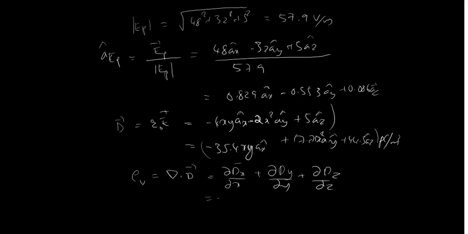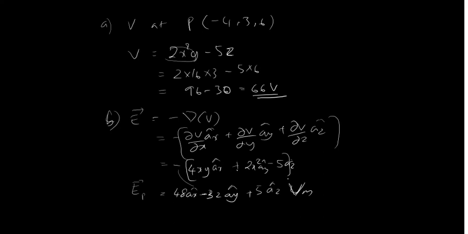So the value what you will get here with respect to x will be minus 35.4 y, right? Here it will be x square, with respect to y will be 0, and with respect to z also it will be 0. Now we have to find the value of rho v at p, because rho v is the expression of minus 35.4 y.